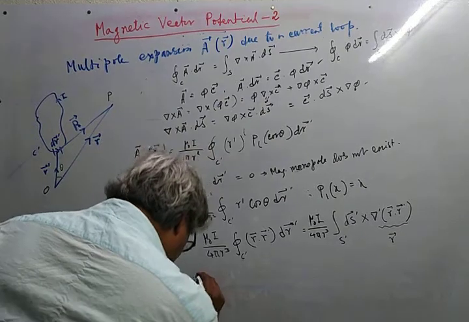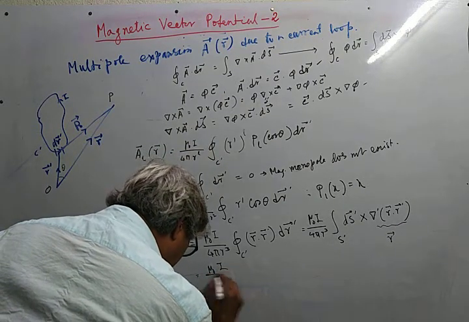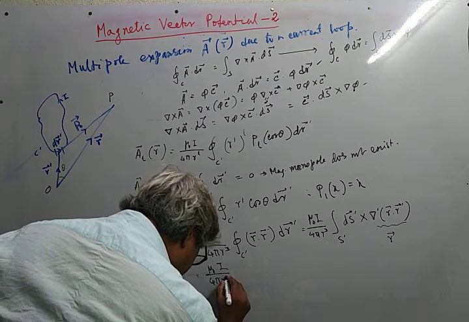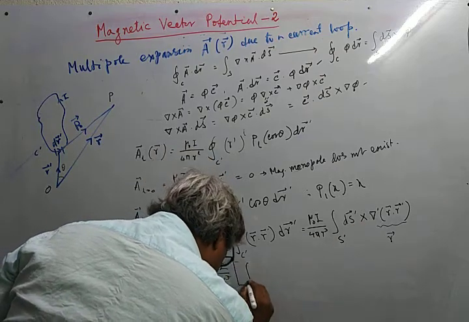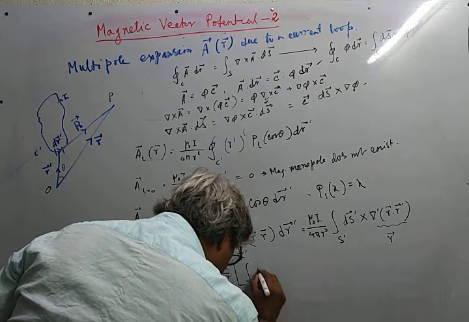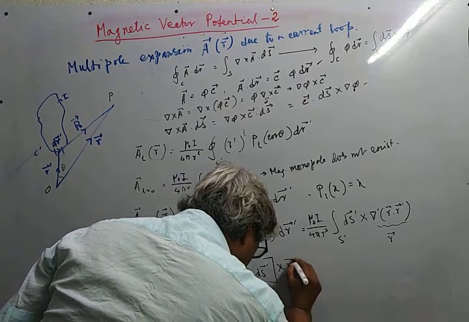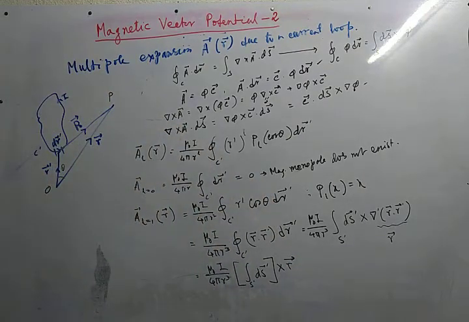So the result is mu 0 I upon 4 pi r cube, the r is out of the integration sign. This is the form of the dipole contribution to the vector potential due to a closed current loop.